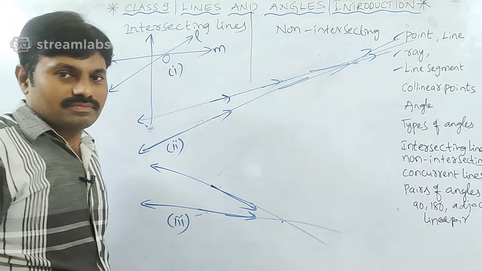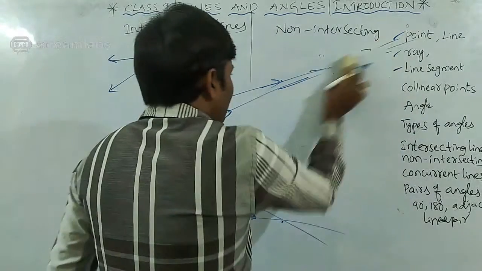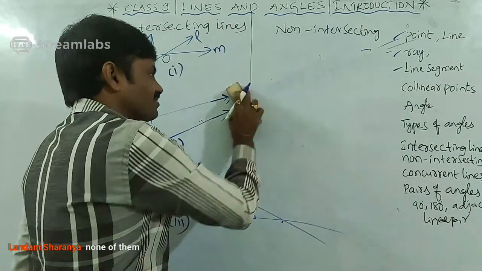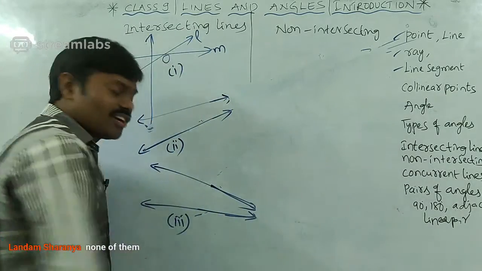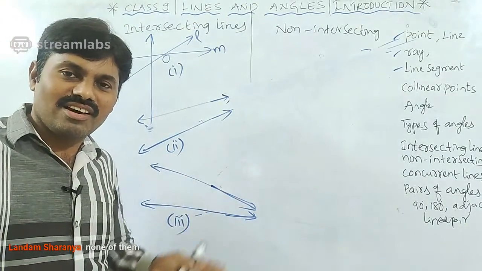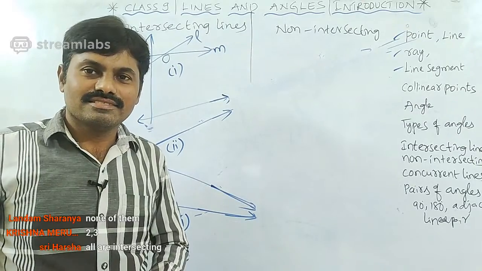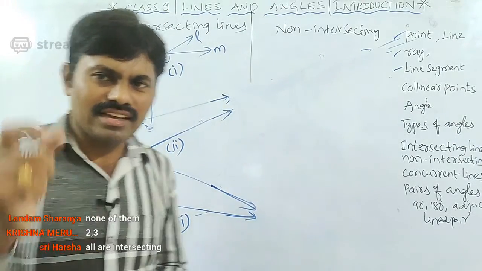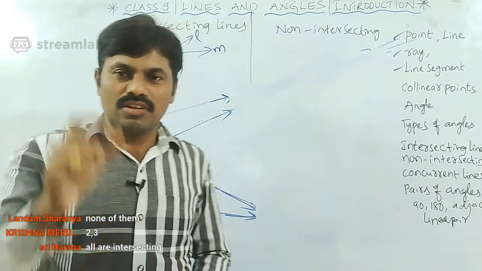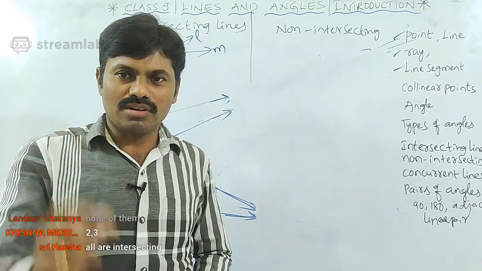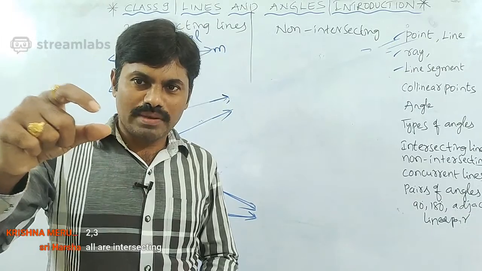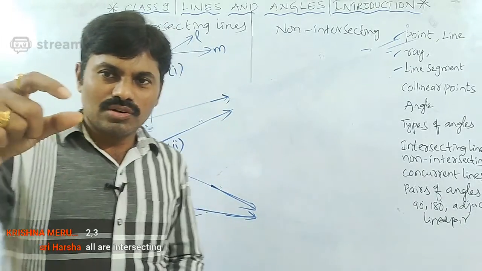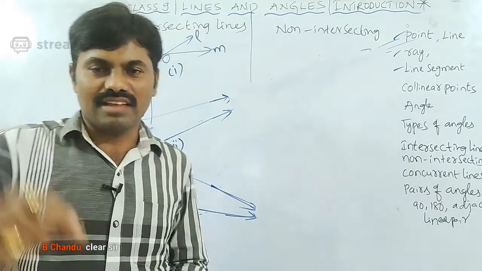Okay. Now, what are non-intersecting lines? Sir, when do you call these figures non-intersecting lines? Only one thing you remember, my dear students. If you take a ruled notebook, select any two lines, a pair of lines.